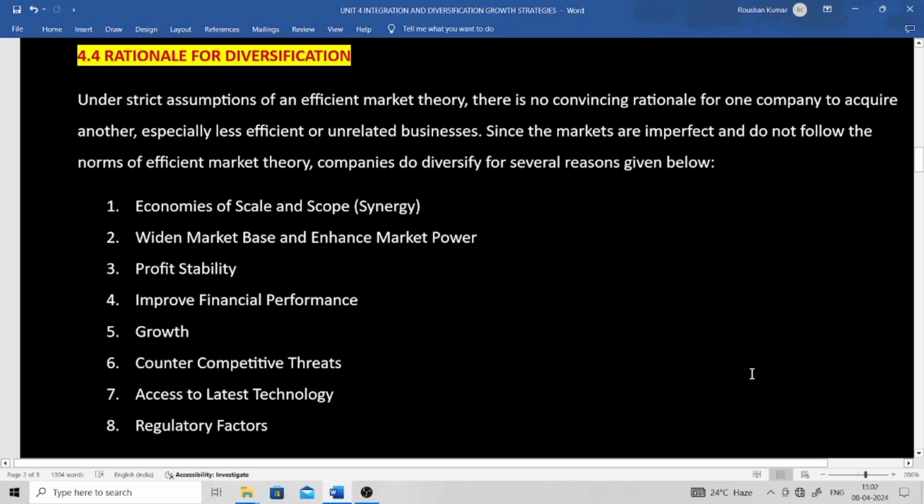In the same way, the combined entity can lower the operating cost and increase operational efficiency.